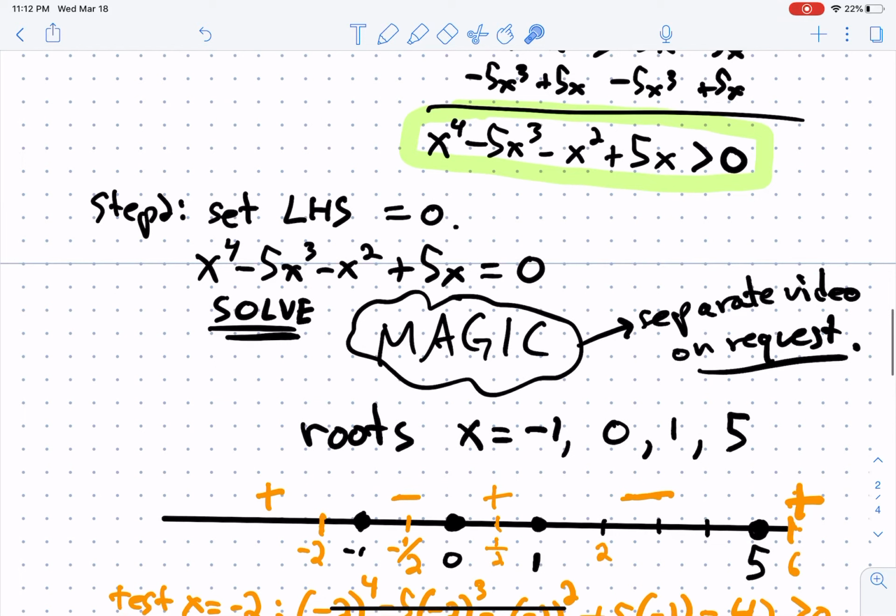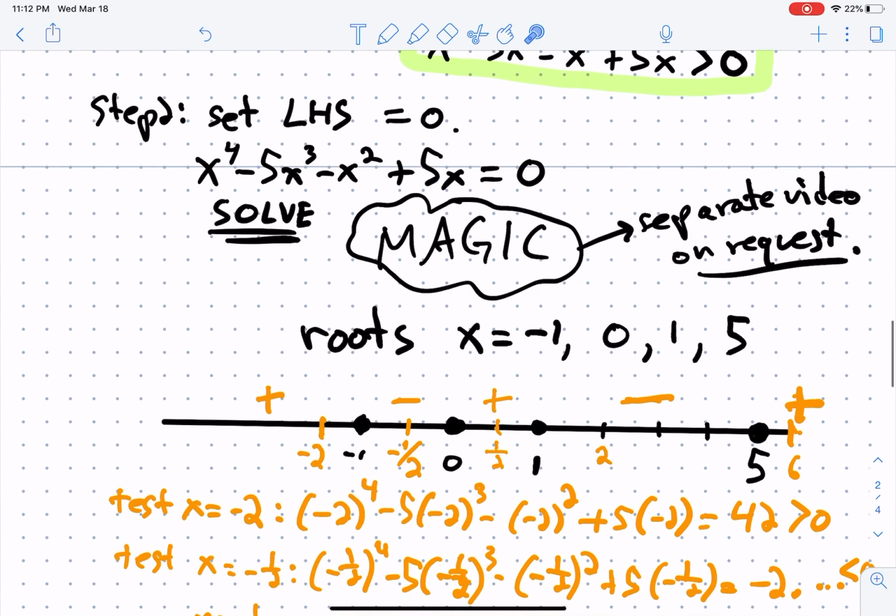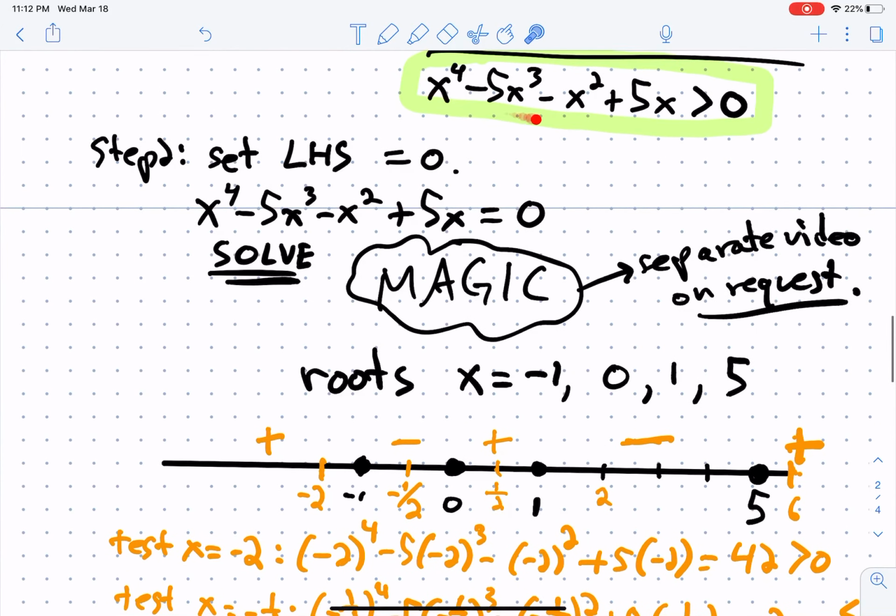And you'll come up with 4 different roots. They are these 4. Those 4 roots form dividers. They take the number line and divide it up into chunks, or intervals. And each of those intervals we test by picking a number in the interval and plugging it into that green function, that left-hand side function, and seeing whether it comes out to be positive.